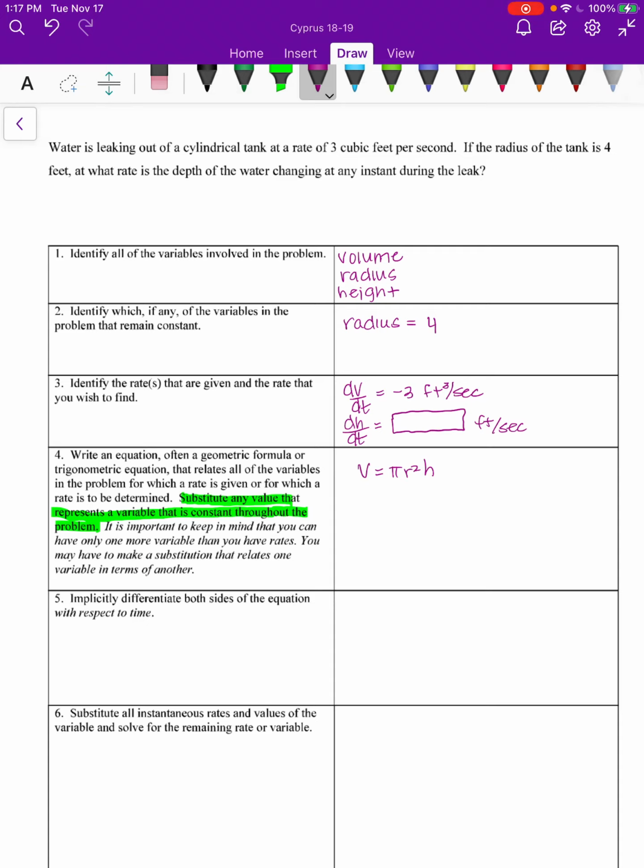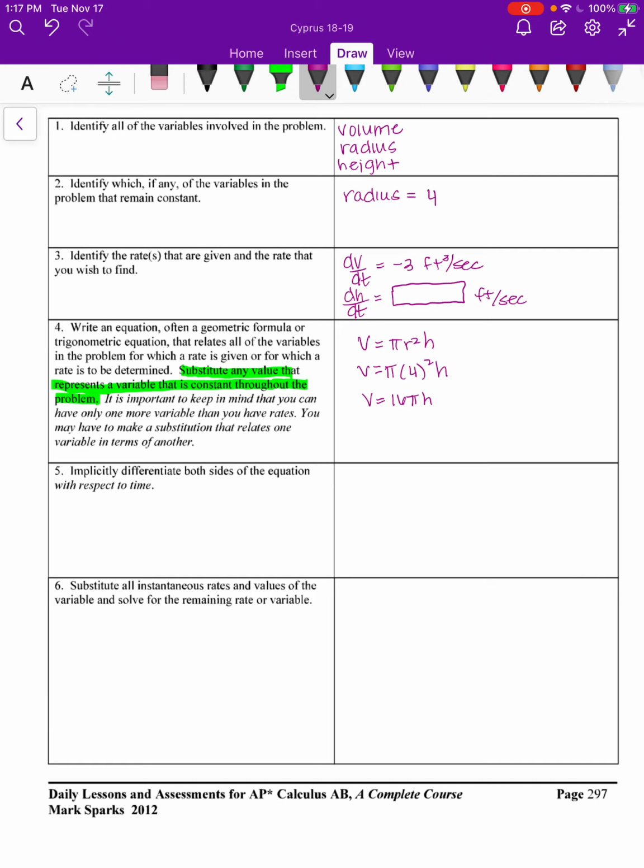We know that the r is constant and it stays at 4, so I want to plug 4 in for r now before I do the derivative. So it's 16 pi times h.